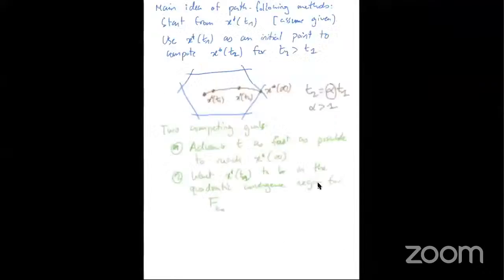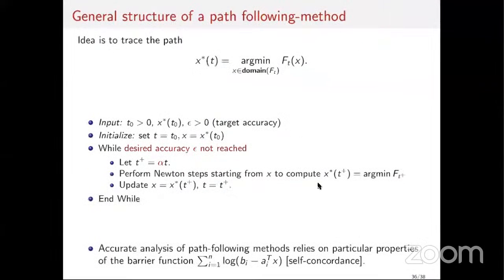So the general structure of a path following method is as follows. The idea is I want to trace this path of x star of t. I start from an initial t0, and while the desired accuracy is not reached, I update t: I let t plus be equal to alpha t, and I perform Newton steps starting from x to compute x star of t plus.